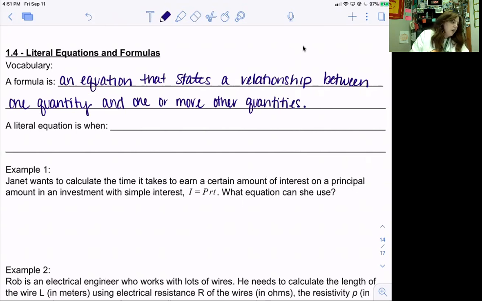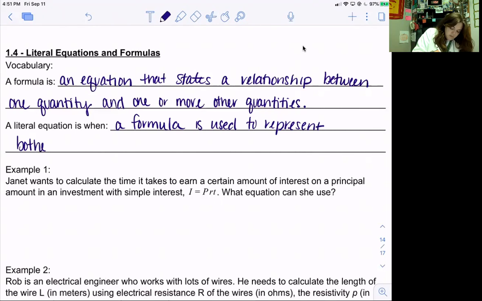Okay. And then a literal equation is when a formula is used to represent both variables and known constants.